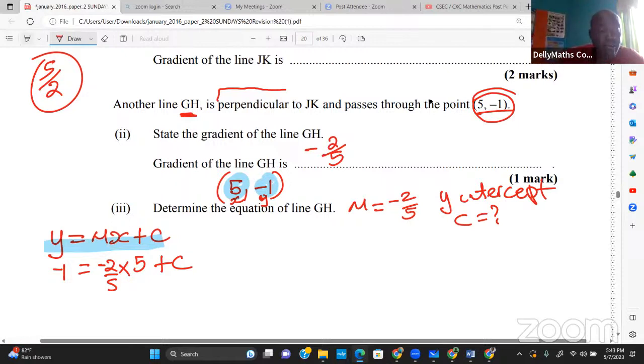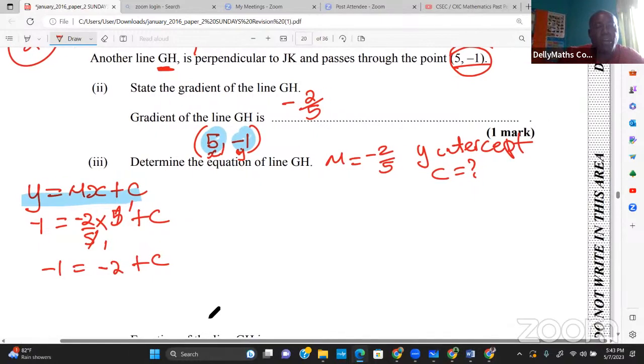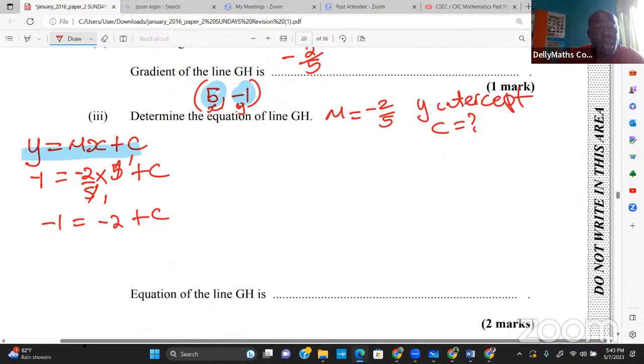Luckily we can cancel here. 5 into 5 one time, 5 into that 1. So we have negative 1, which is equal to negative 2 times 1 is still negative 2 plus c. What I'm going to do now, I'm going to add 2 to both sides. So I'll have 1 equal to c. So I know that c is 1.